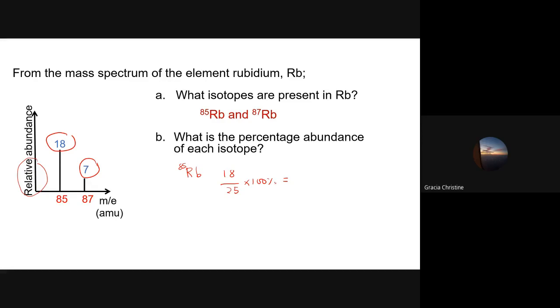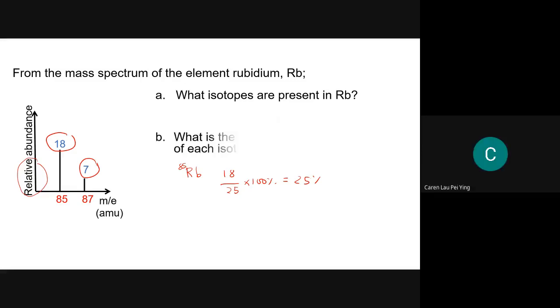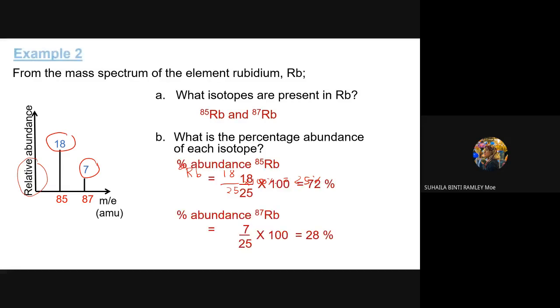So we have 72% for rubidium 85 and 28% for rubidium 87. Remember we need to refer to this one.